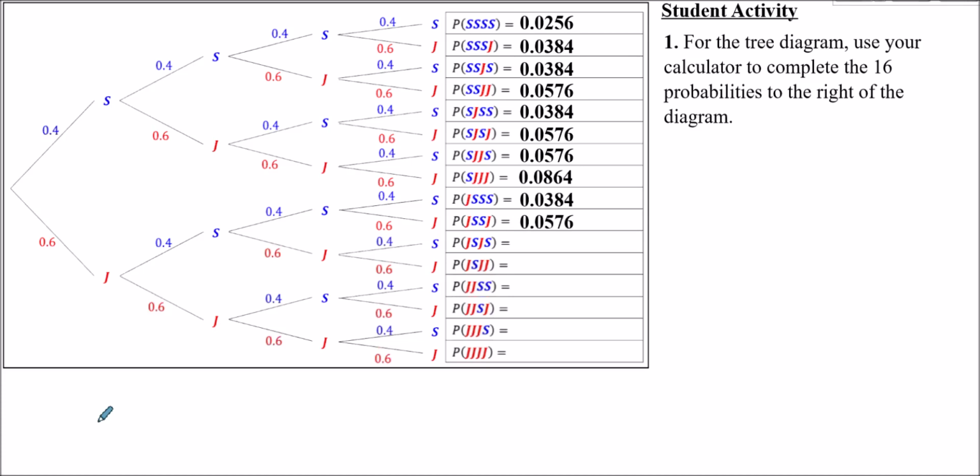JSSJ 0.0576. JSJS 0.0576. JSJJ 0.0864. JJSS is 0.0576. JJSJ is 0.0864. JJJS is 0.0864, and finally the chance of Jamie winning all 4 games, probability of JJJJ, is 0.1296.